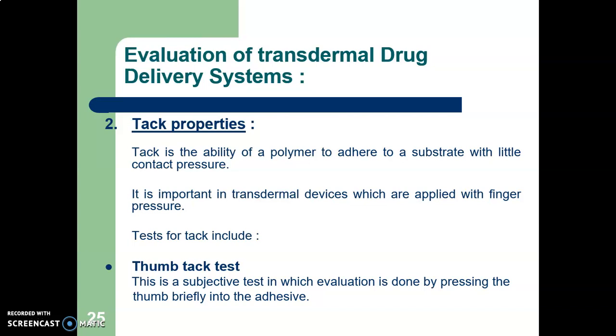Tests for tack include thumb tack test. It is a subjective test in which evaluation is done by pressing the thumb briefly into the adhesive. That means we can place our thumb on the surface of the adhesive and we can evaluate the adhesiveness of the adhesive layer, that is known as a thumb tack test.